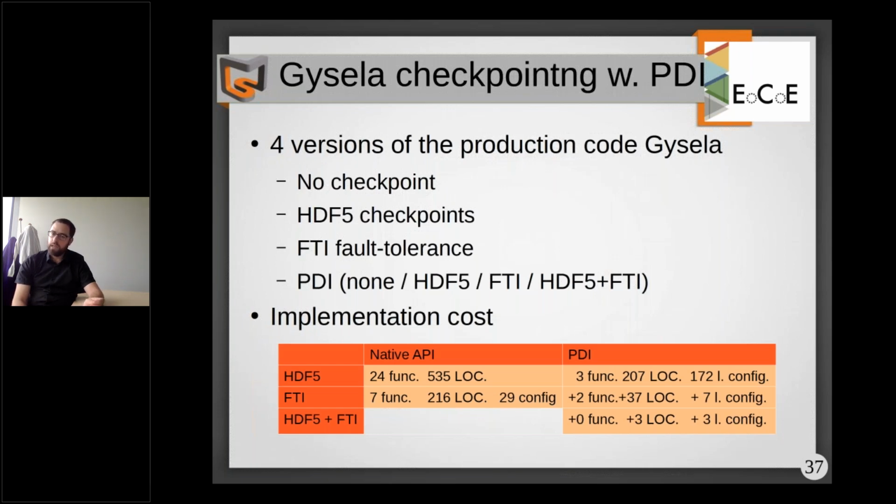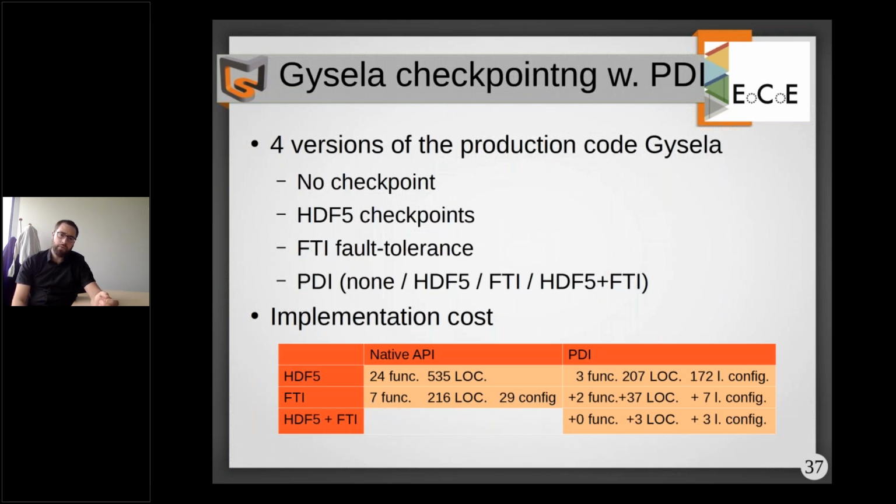The same thing in PDI only takes 3 function calls. As I've said, it's very simple. It's 207 lines of code, but in PDI, you also have to write a configuration file, in that case 172 lines. So all in all, it's slightly fewer lines of code, but it's not a huge difference. But then we have the FTI version.